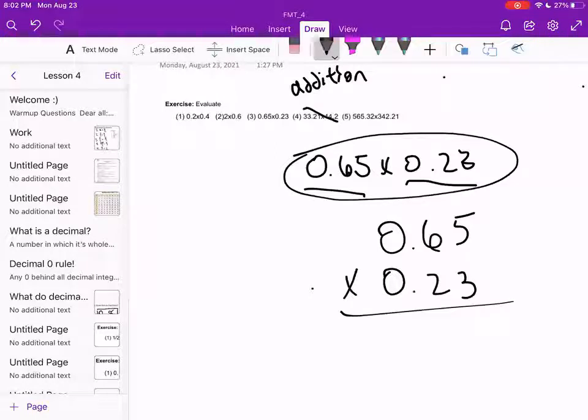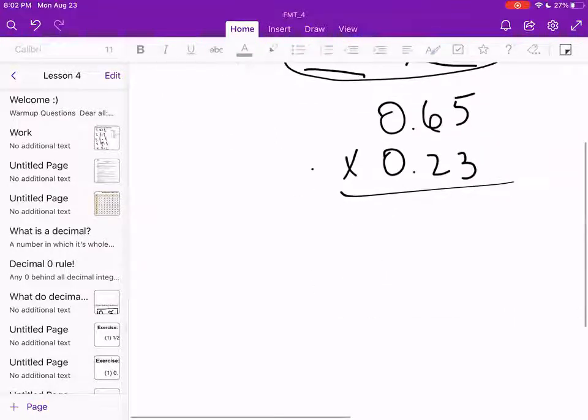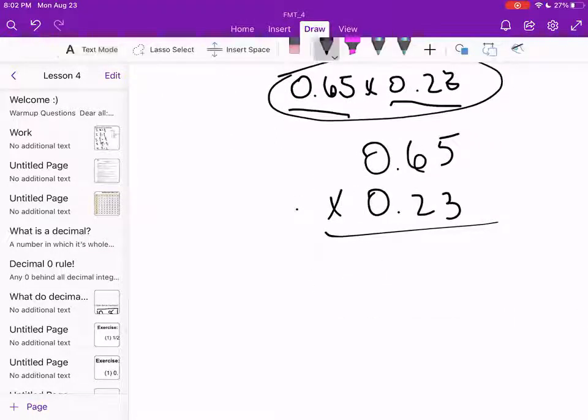Now what do I do? You do 5 times 3. That's 15. And then 6 times 3. That's 18 plus 1 equals 19. And 3 times 0 is 0, but plus 1 is 1. Right? And then 2, oh, you gotta add a 0 under the 5.